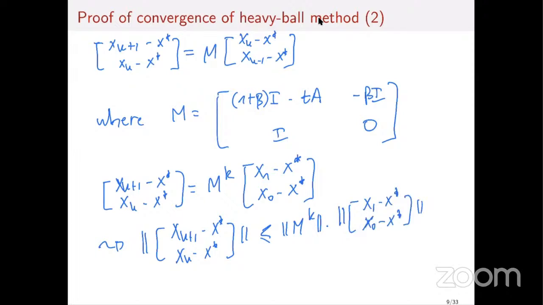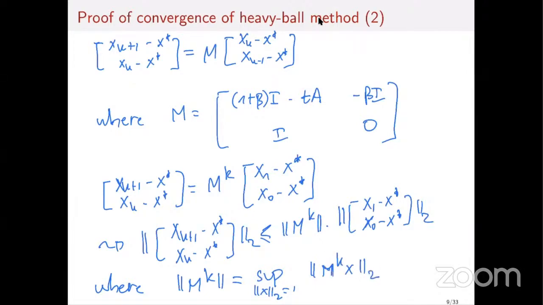Here the norm of M to the k is what I call the operator norm: the supremum over x with norm 1 of the norm of M to the k times x.